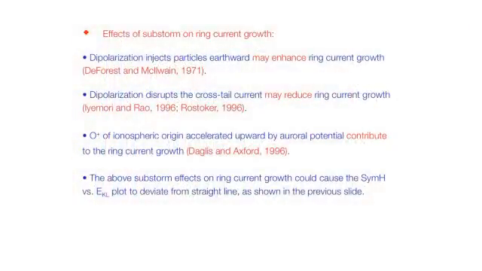There are several reasons, and listed here are the observations that show dipolarization injects particles earthward and enhances the ring current. And then there are other observations where magnetograms show that dipolarization actually disrupts the cross-tail current and causes decay or reduction of the ring current, the DST.